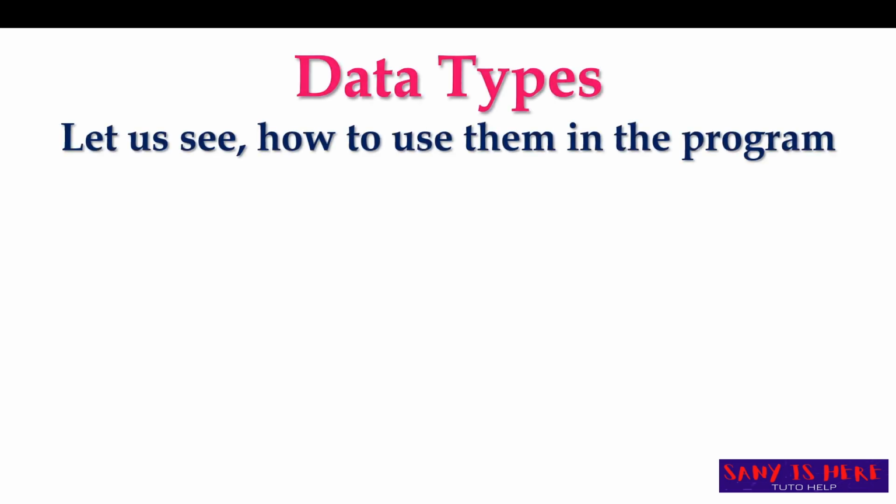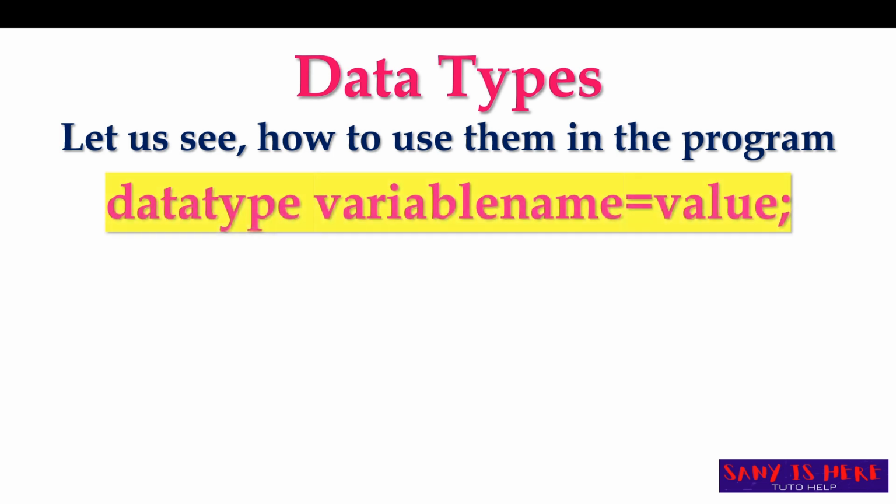Or I will show you by storing the value. That is, first we need to write the data type, then the variable name, and then the exact value you are going to store. That is, int a is equal to 10, which means a is holding 10 because a is of int data type.